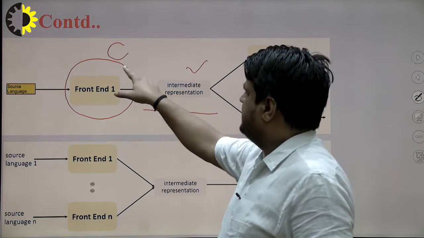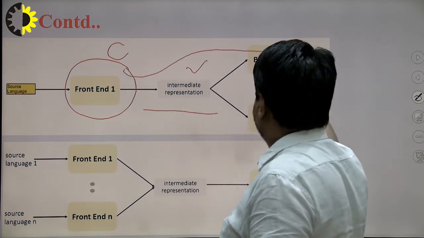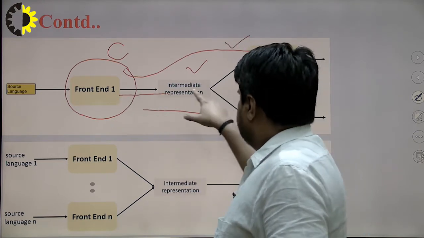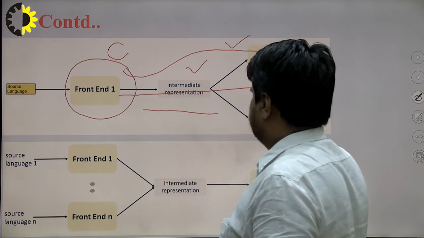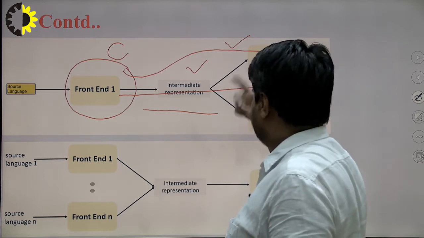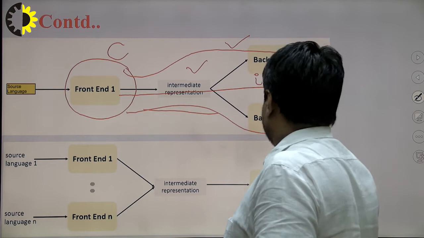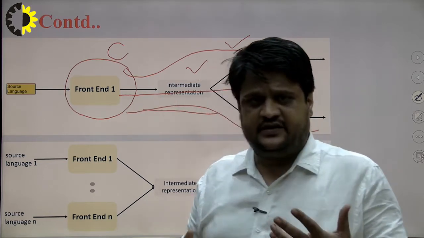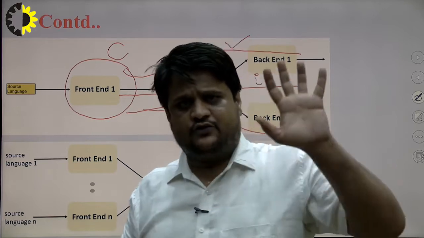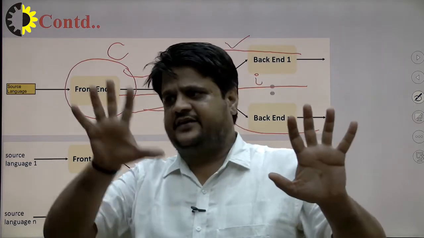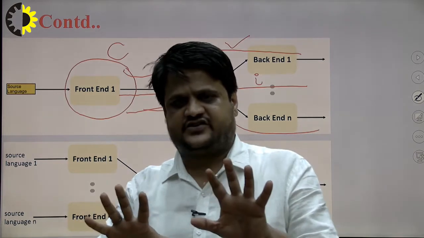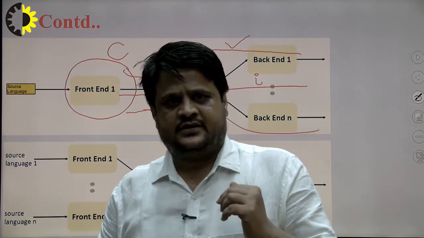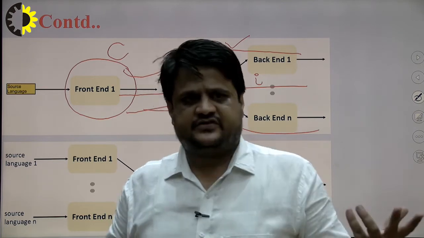So with this front end and this back end, you get the C compiler for machine 1, then machine I, and once again you go for machine N. So you generate the compiler for machine N, right? By writing a single front end and different back ends, you can generate many compilers of a particular programming language for different machines.